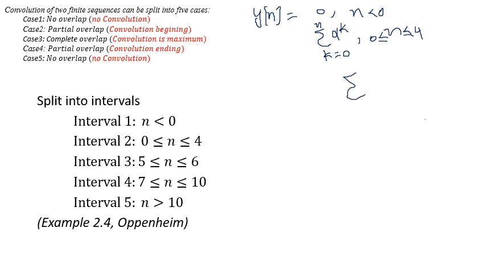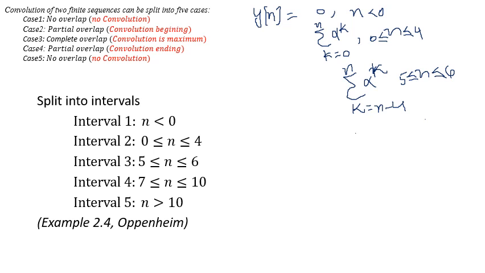Then the next representation we had was the summation, k running from n minus 4 up to n, of alpha power k, and this was for n running from 5 up to 6, that is n greater than or equal to 5 and less than or equal to 6.